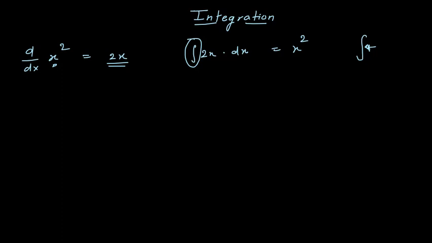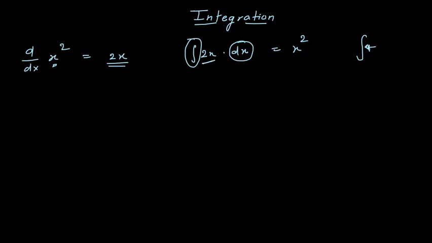This symbol indicates that we are doing the operation of integration. Then here we have dx. This dx indicates that the variable in this problem is x, so we are integrating the given function with respect to x. So these two terms are clear.